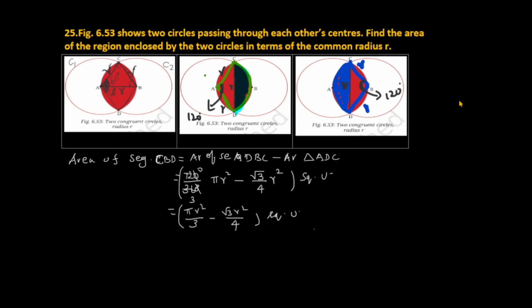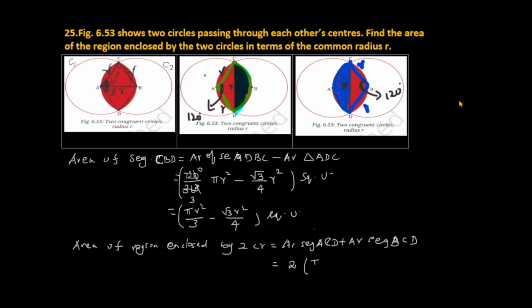So the area of the region enclosed by the two circles is equal to the area of segment ACD plus the area of segment BCD.